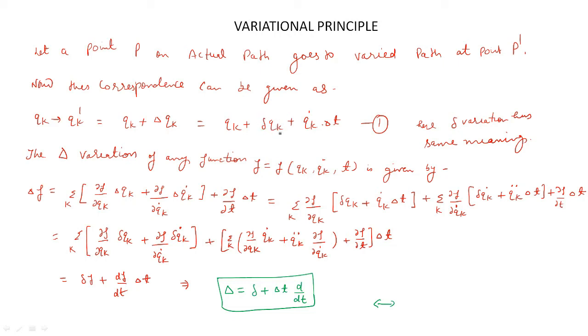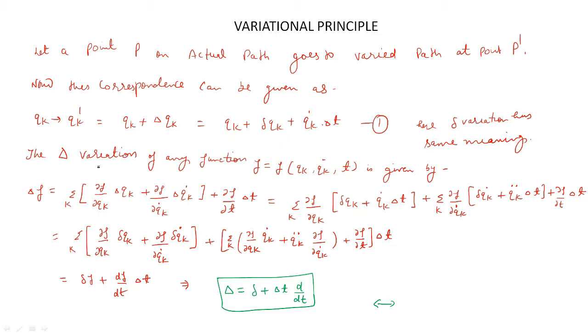This is the first delta variation. If you remember, your time was constant but there was a variation in the position coordinate, and in delta t time we move from P by a horizontal distance, so it will be the velocity qk dot. So your equation now becomes qk plus delta qk plus qk dot into delta t. Let us say it is equation number 1.